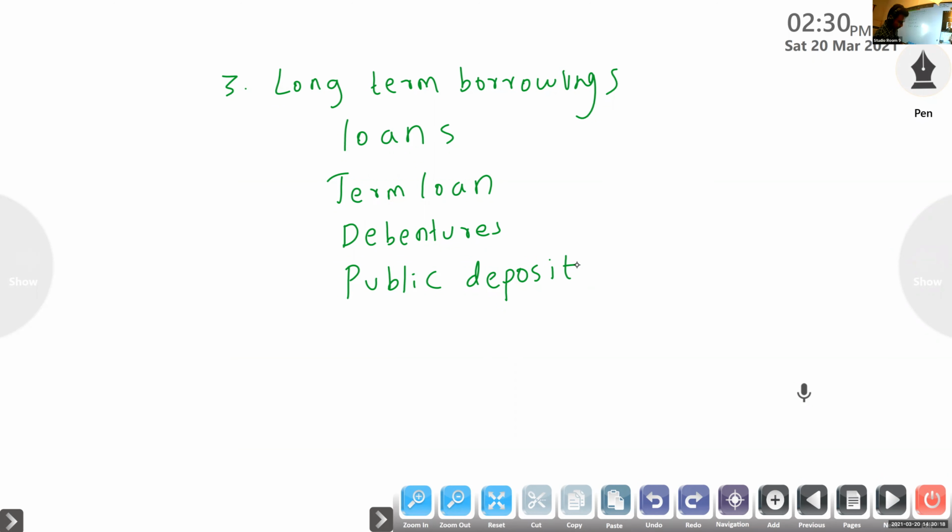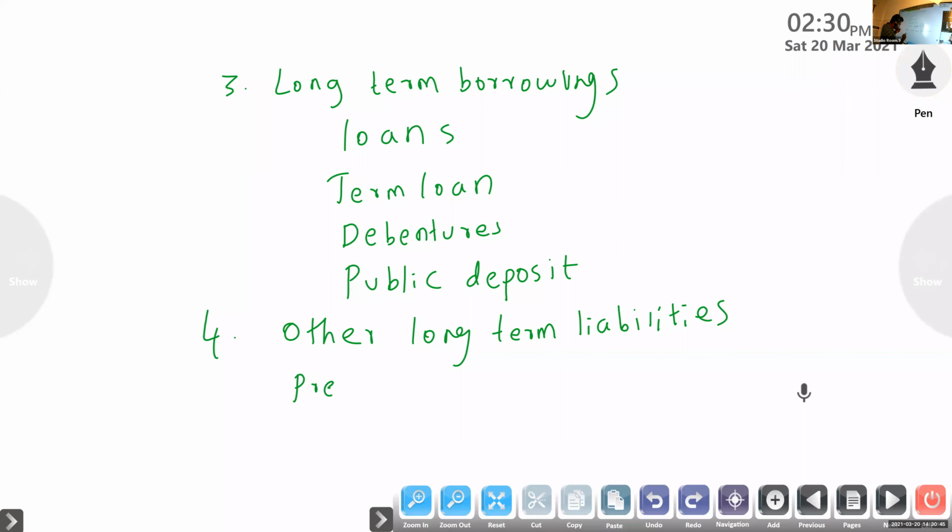Next, long-term portion. Suppose at the time of examination, if you look at this, then you can do all the problems. Other long-term liabilities. What are the items?